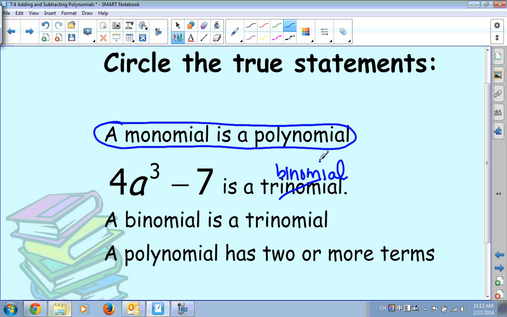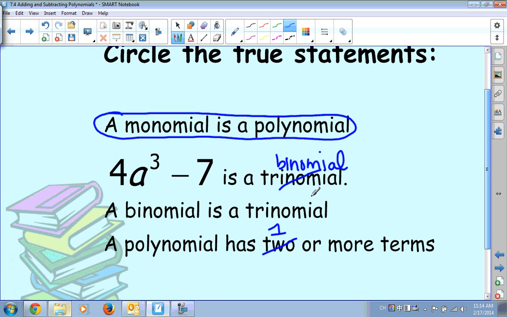Okay. A binomial is a trinomial. No. A polynomial has 2 or more terms. 1 or more. Good. 1 or more. Okay. That's it on that page.